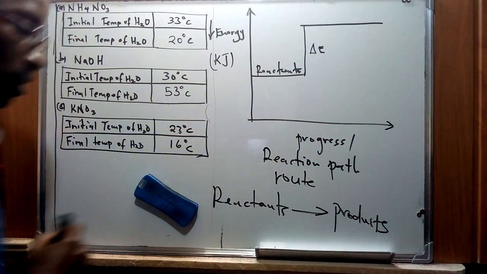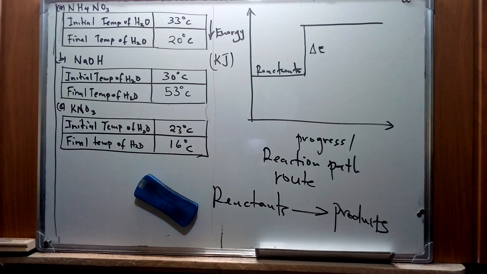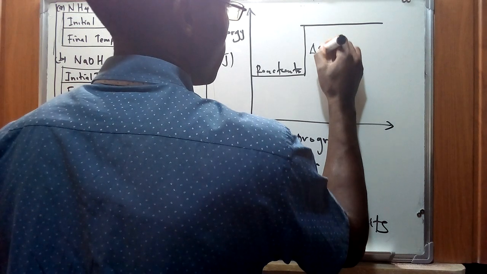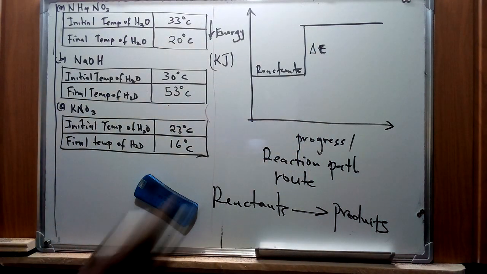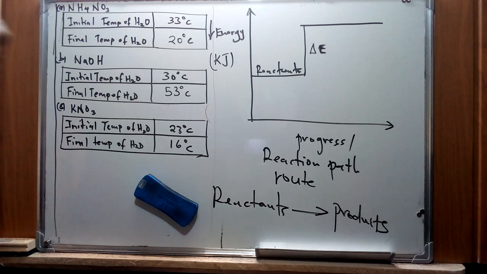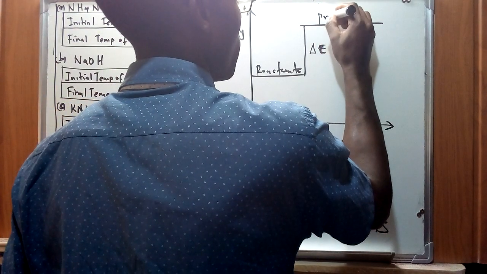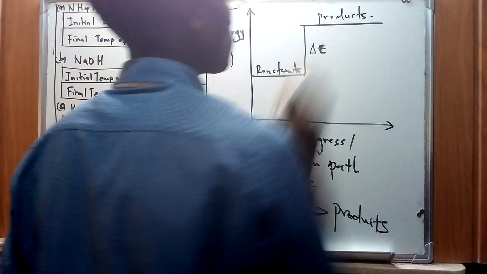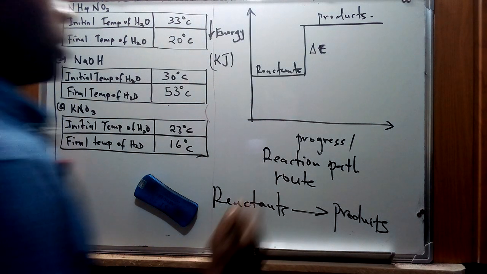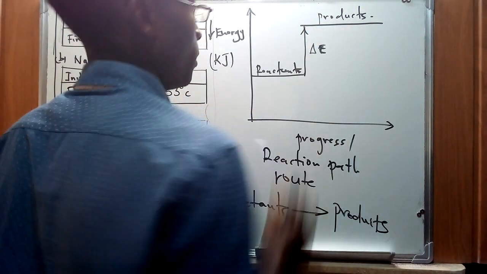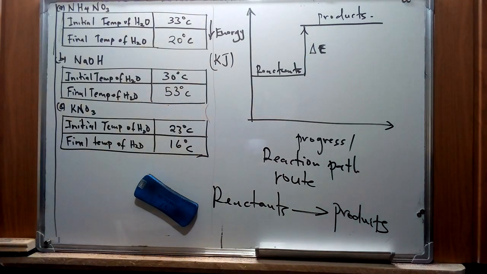Of course, we're going to give it a different denotation, but I've just given it as change in energy, delta E, as such. We're going to use a different one, so this is just for illustration purposes. So that results in the formation of products, which we can illustrate as such. Here we can use an arrow to indicate the direction of that change in energy.